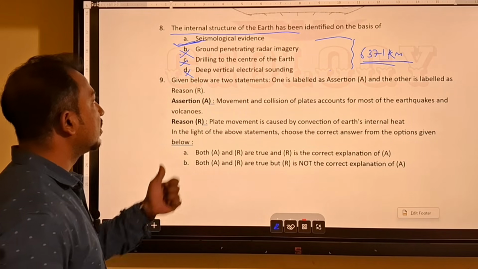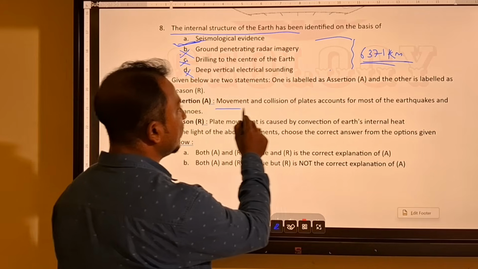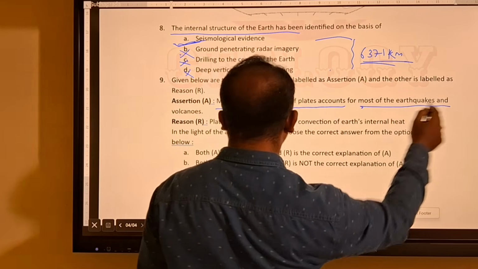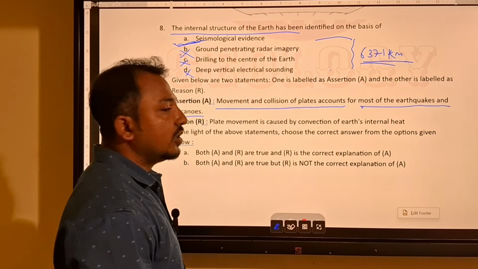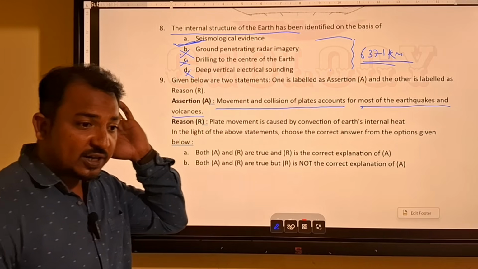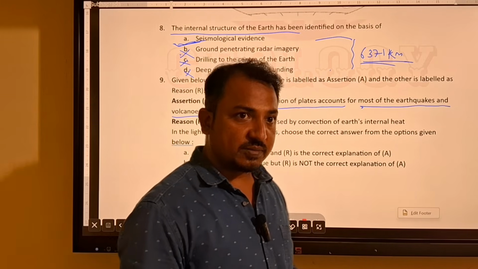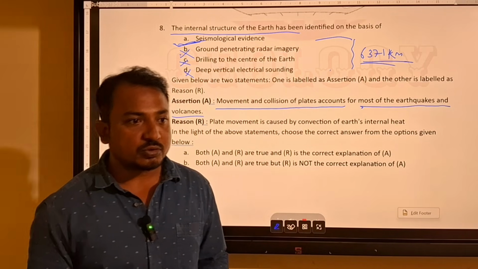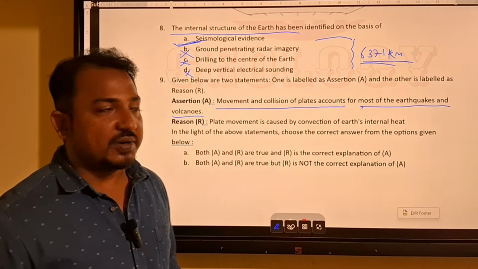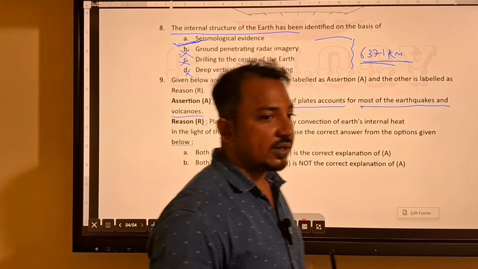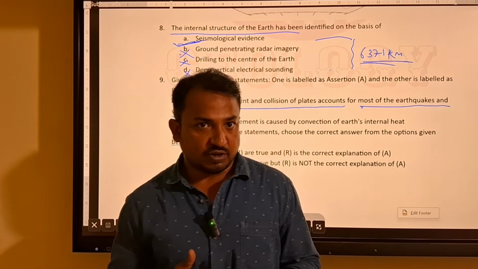Next question: the movement and collision of plates account for most of the earthquakes and volcanoes. So mostly the volcanic activity is caused by plate movement. The major volcanic activity occurs at the plate boundary.